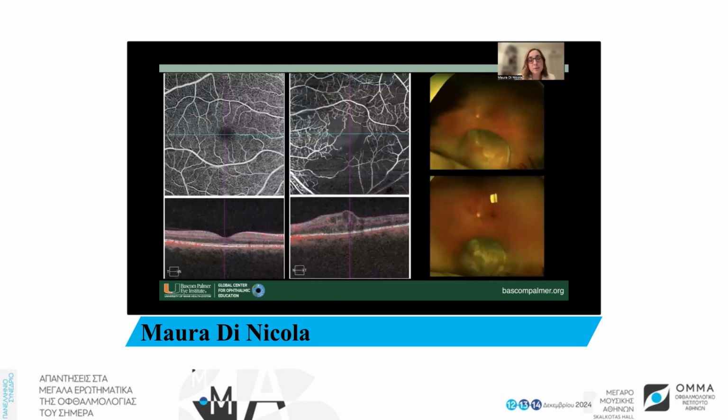And I have a couple of examples here. Here you can see a patient that was treated for a large choroidal melanoma in the left eye. So here on the left-hand side, you can see his right eye with normal vasculature, and you can see here in the middle how significant the capillary dropout is after brachytherapy.